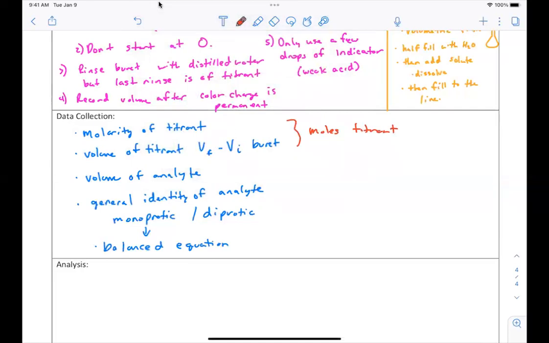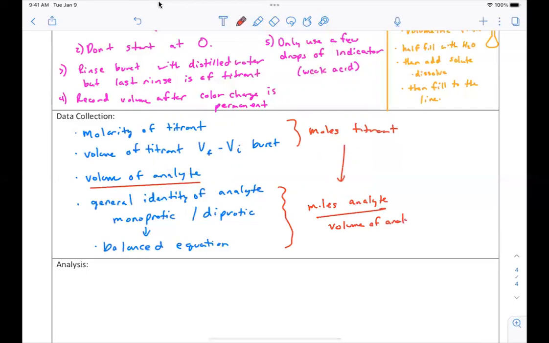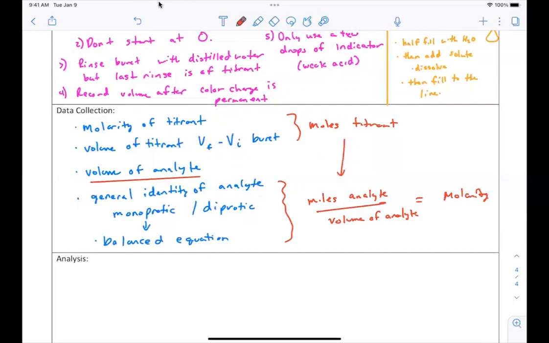And then if you use this, you can convert to moles of your analyte. And then you can divide by the volume of the analyte to get the molarity. And I'm going to walk you through that in the analysis section. Don't worry. I'm just showing you why each piece of data is important for this experiment.